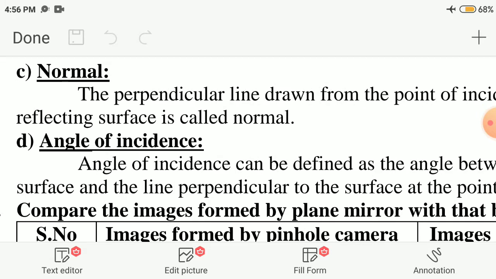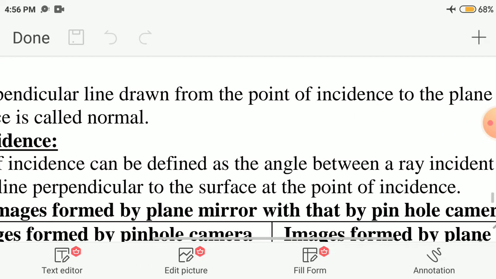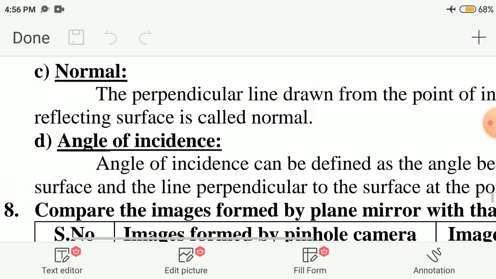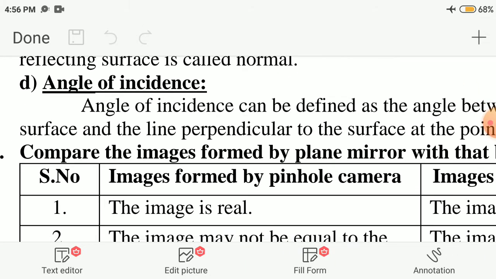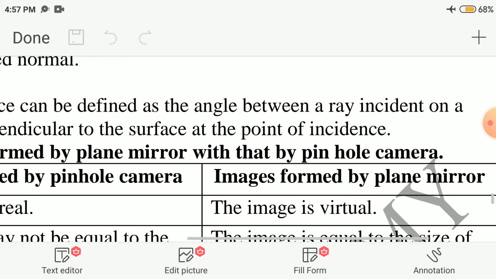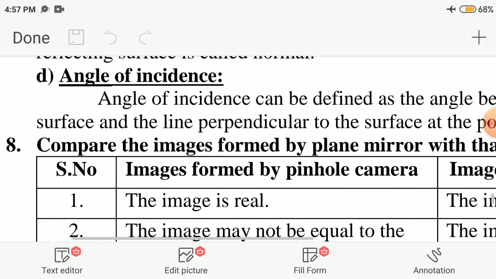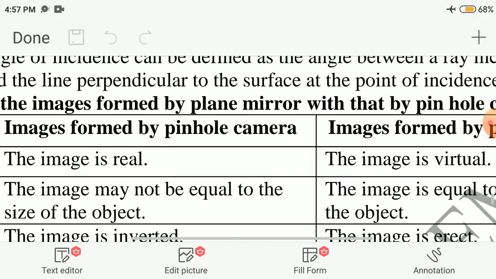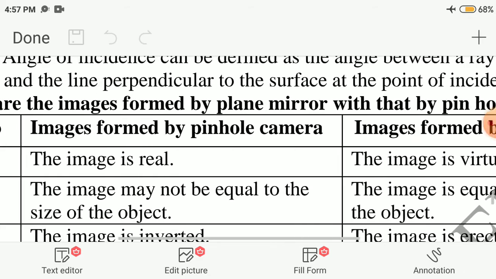Third one, normal: the perpendicular line drawn from the point of incidence to the plane of the reflecting surface is called normal. Angle of incidence can be defined as the angle between a ray incident on a surface and the line perpendicular to the surface at the point of incidence.